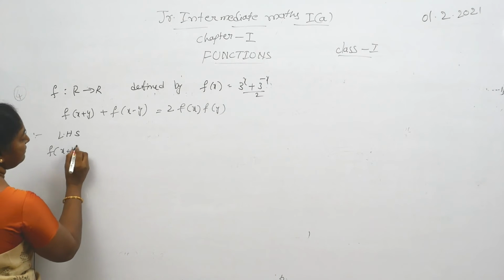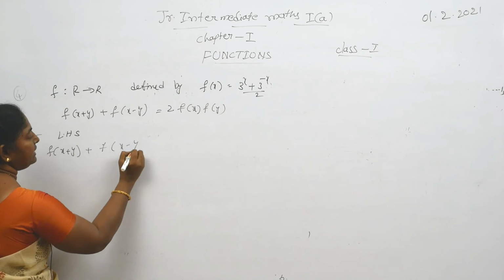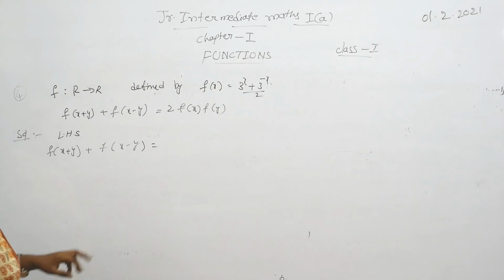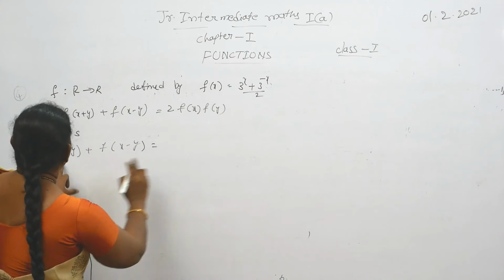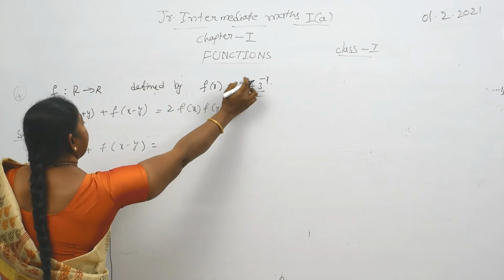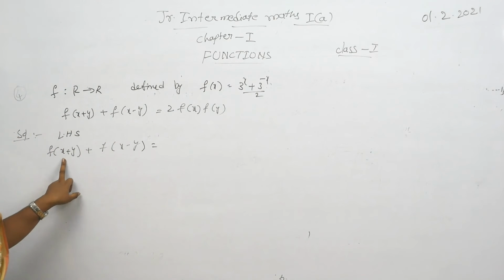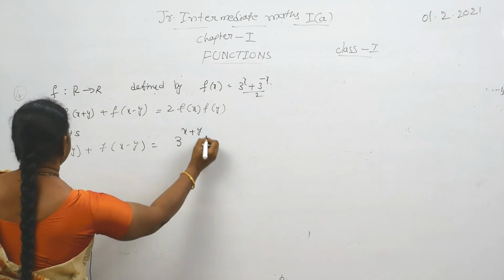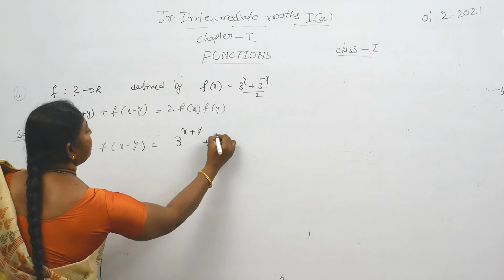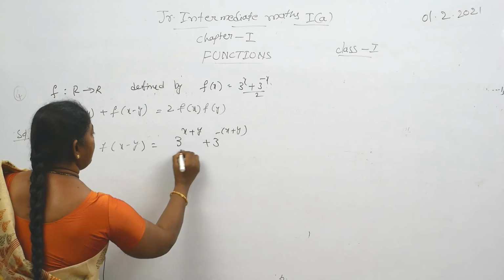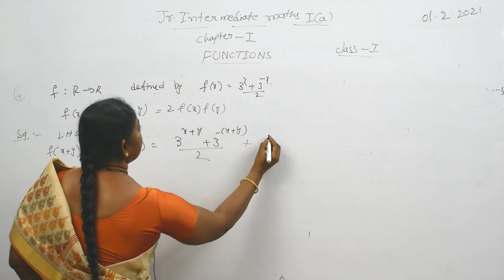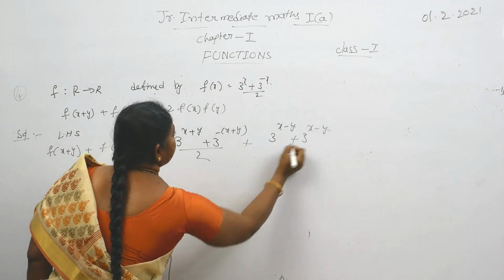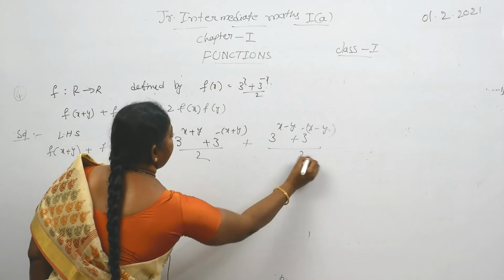f of x plus y plus f of x minus y equal to, in place of x we have to substitute x plus y. So, (3 power x plus y plus 3 power minus of x plus y) by 2 plus (3 power x minus y plus 3 power minus of x minus y) by 2.